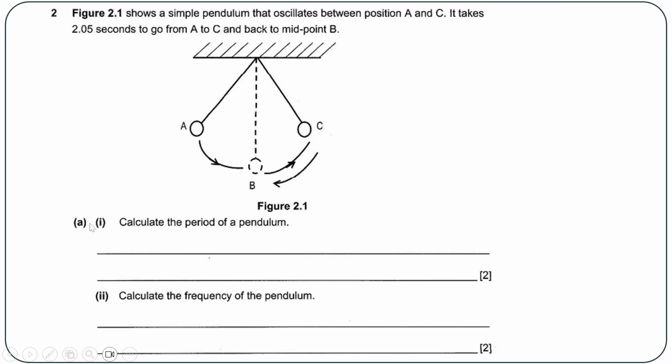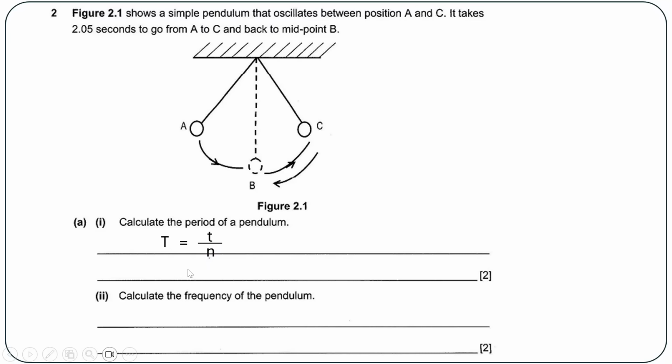Then part (a)(i) says calculate the period of a pendulum. So what is the period? Period is given by this formula: T, period, is equal to time over the number of oscillations or swings.